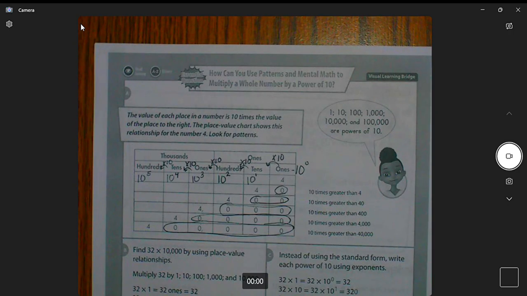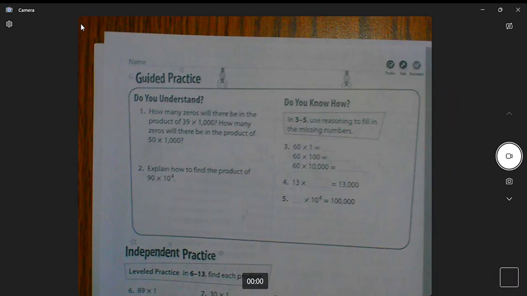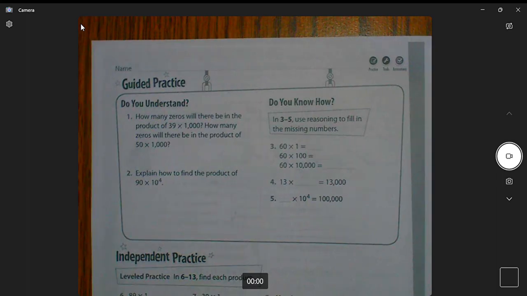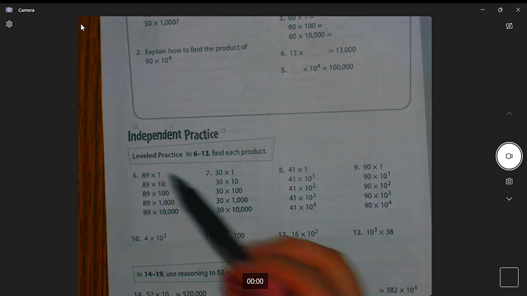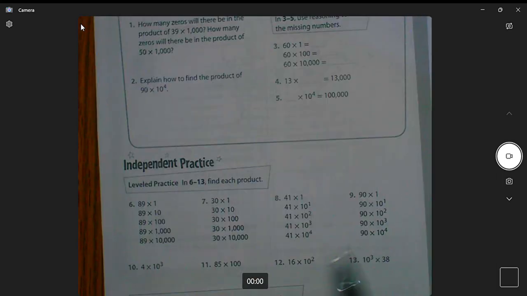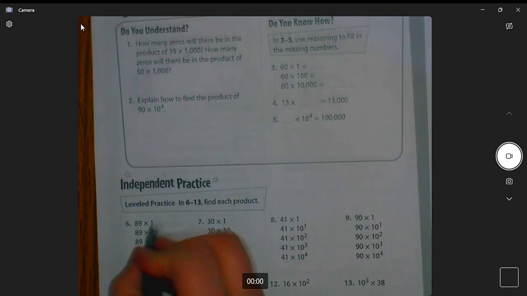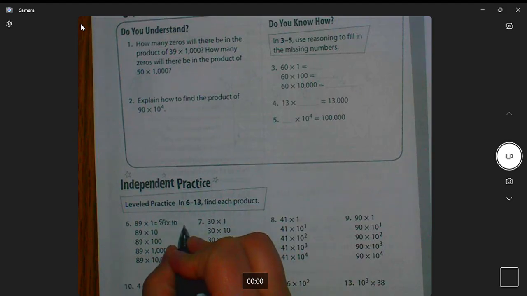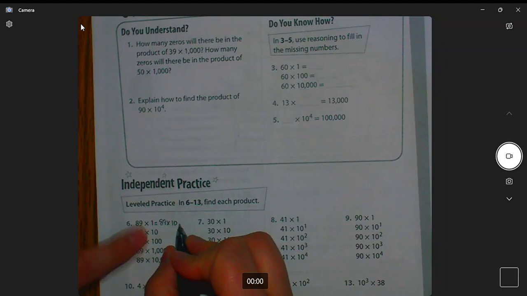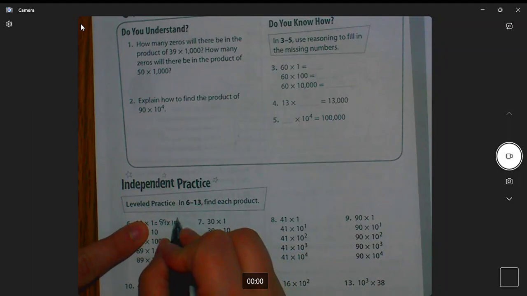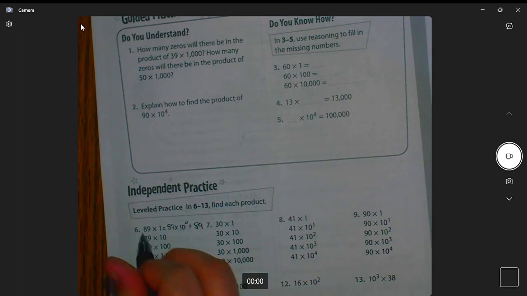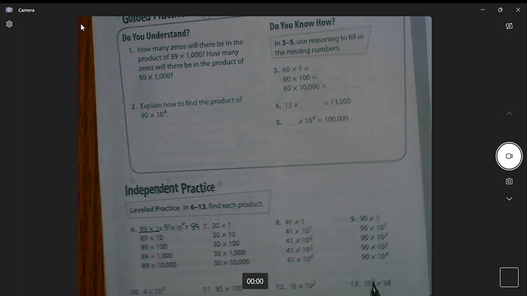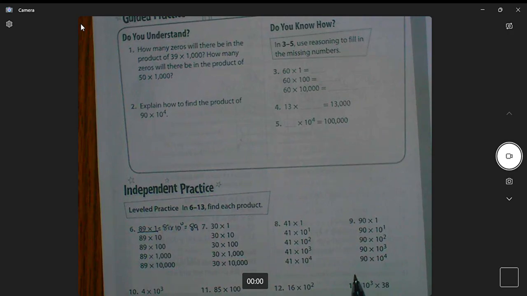So, let's look at some examples. I'm going to drop down here, and I'm going to say 89 times 1 equals 89 times 10 to the, do I have a 0? Right. And it equals 89. Now, in 5th grade, we talk about base facts as well as we do in 4th grade.